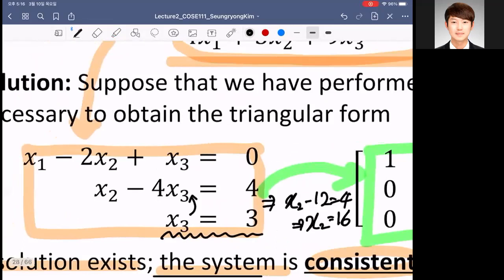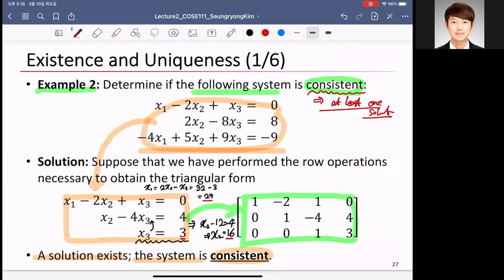And x1 should be 2x2 minus x3, and 2x2 is 32, minus 3, so it's going to be 29. So x1 is 29, x2 is 16, and x3 was 3, right? So the solution exists, so the system is consistent.